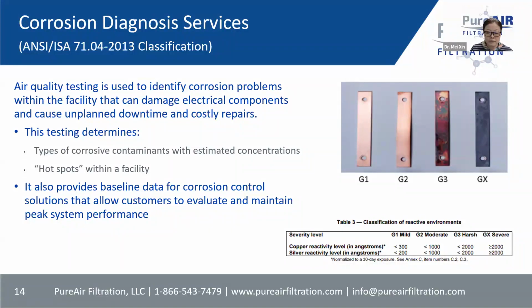Copper and silver are the two most susceptible to corrosion attack. According to the ISA classification, air quality testing is used to identify corrosion problems within the facility that can damage electronic components and cause unplanned downtime and costly repairs.